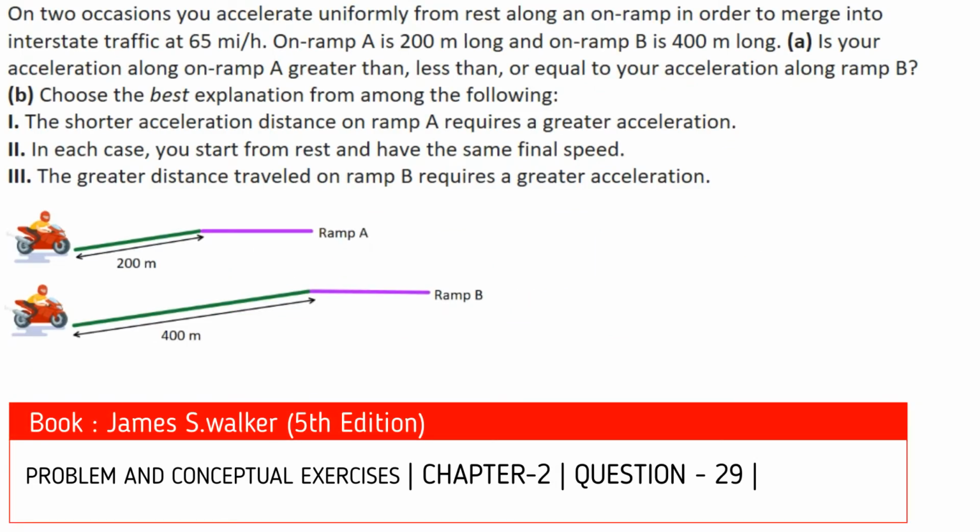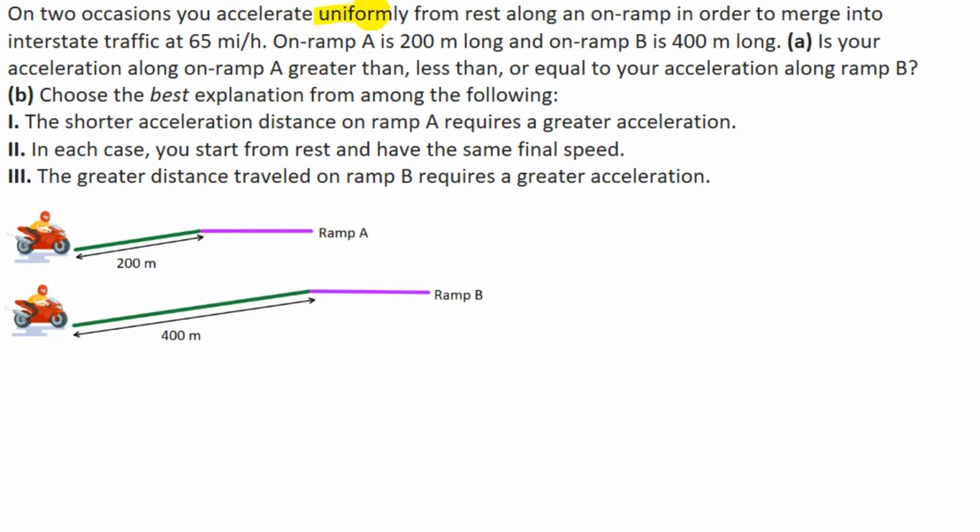So here in this question we are given that on two different occasions a person accelerates uniformly from rest along an on-ramp in order to merge into interstate traffic at 65 miles per hour. Now in the first occasion the ramp is 200 meters and in the second occasion the ramp is 400 meters long.